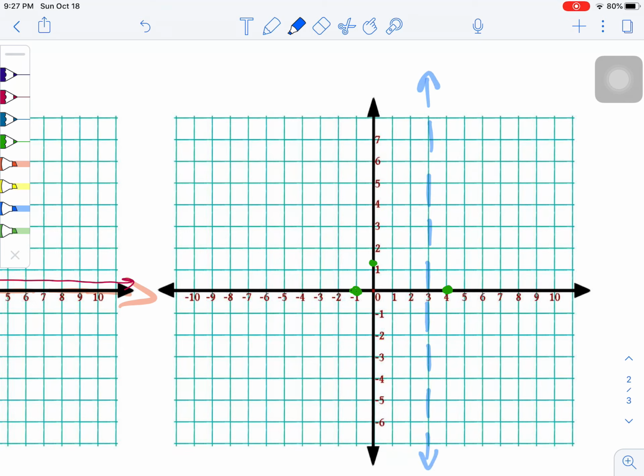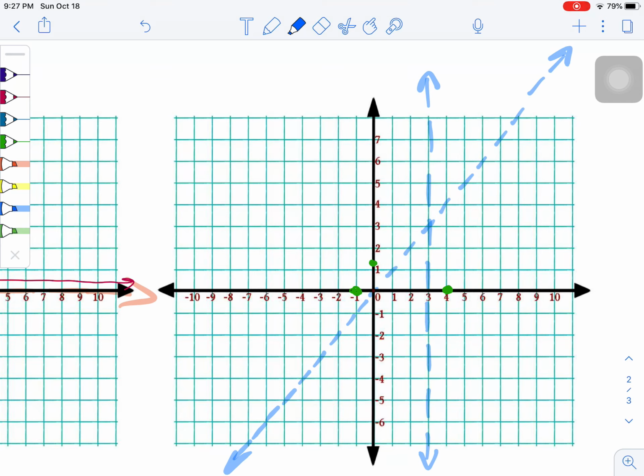So if you remember how to graph a line, y is equal to x has an intercept of 0 and a slope of 1. So I'm going to go through the origin and then just count 1 up and to the right, and then down 1 and to the left 1. There we go. All right.